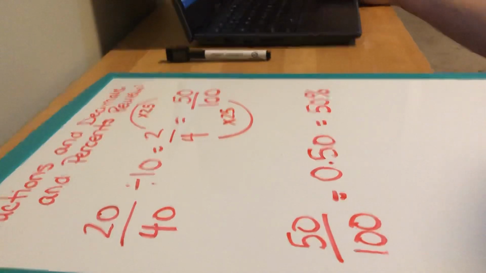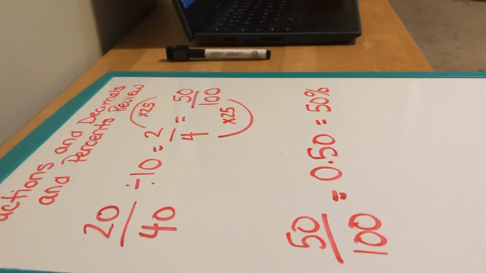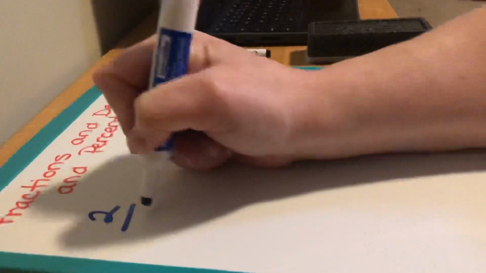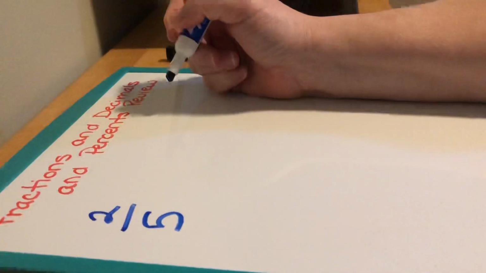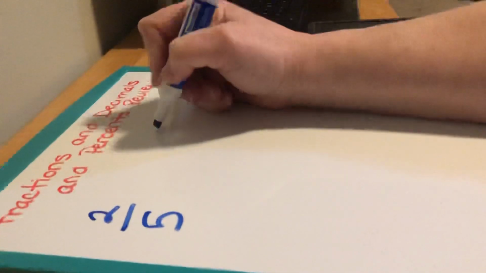Okay, so there's a couple pages of practicing. The next skill it wants you to do is comparing decimals and percents using the signs of inequality. So it shows 2/5. I'll do the first example. And it shows 32%.